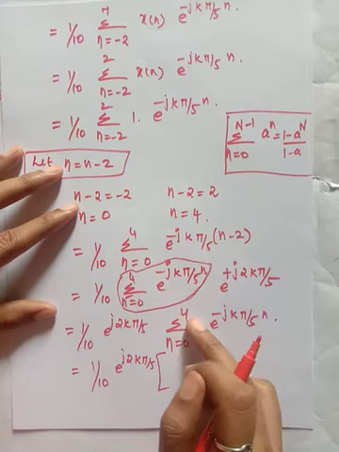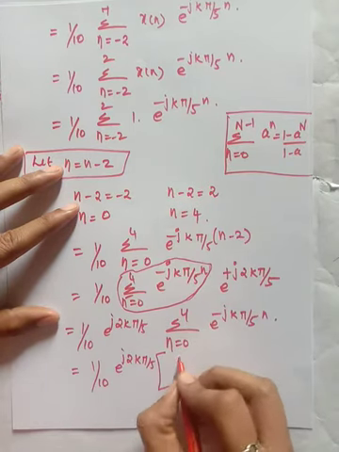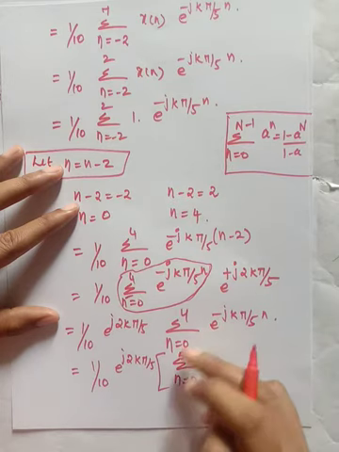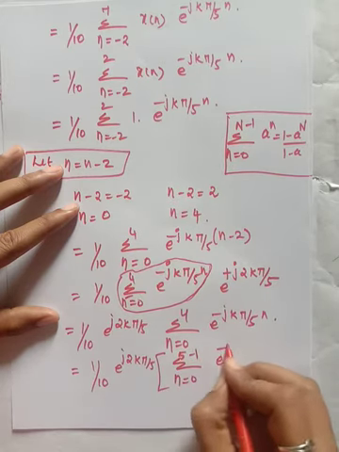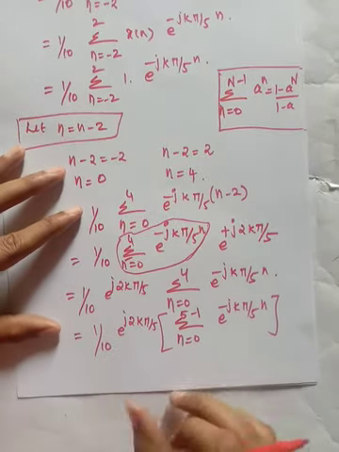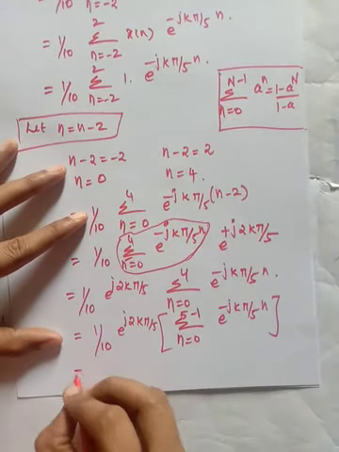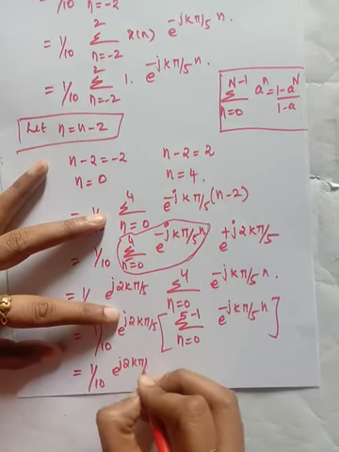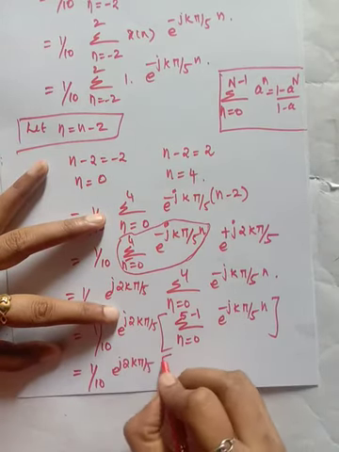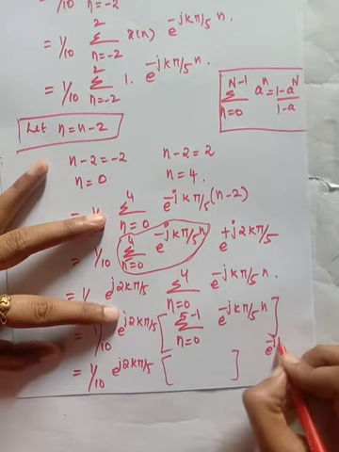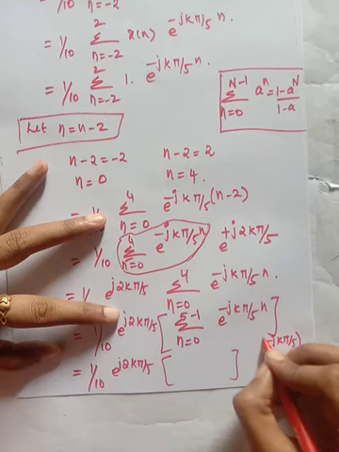I am here having 4, therefore this can be written as m = 0 to 5 - 1, and 5 - 1 is 4, e^(-jkπ/5). So now comparing these two, 1/10 e^(j2πk/5) into this can be written as e^(-jkπ/5) the whole power m.